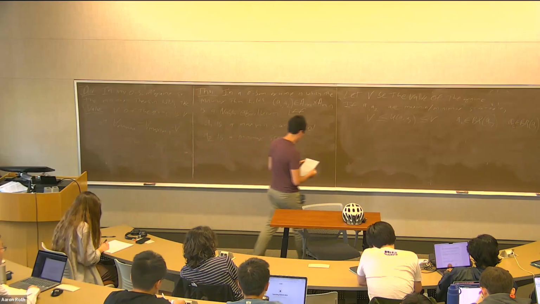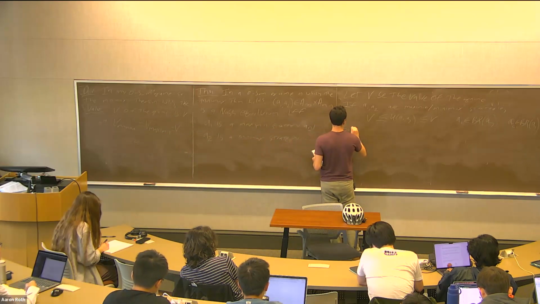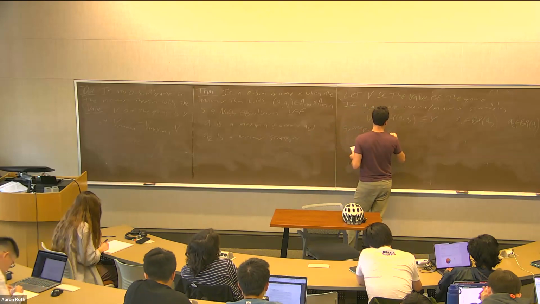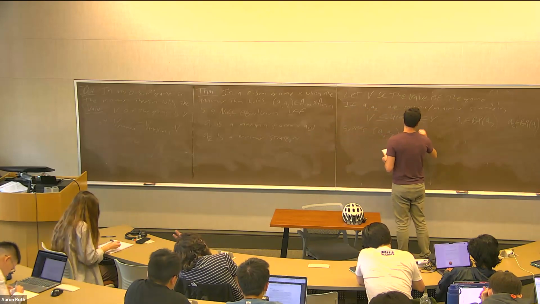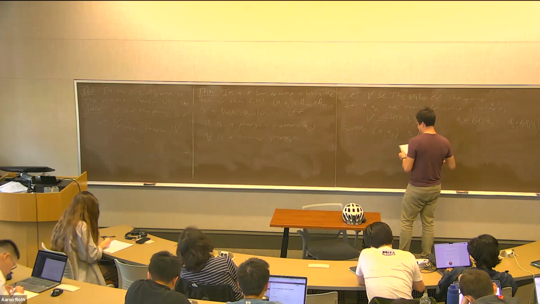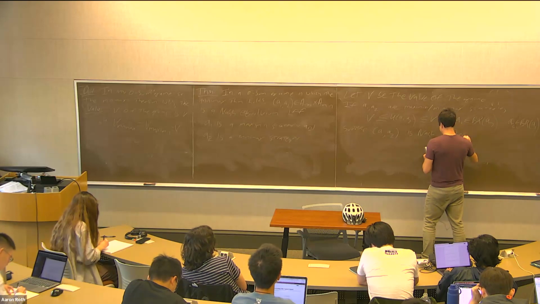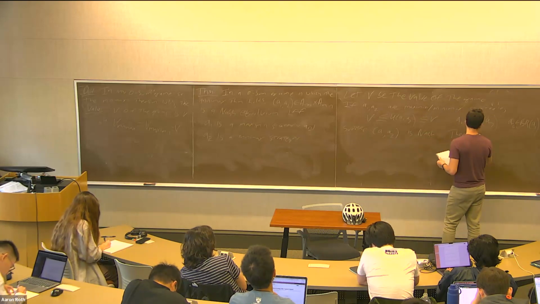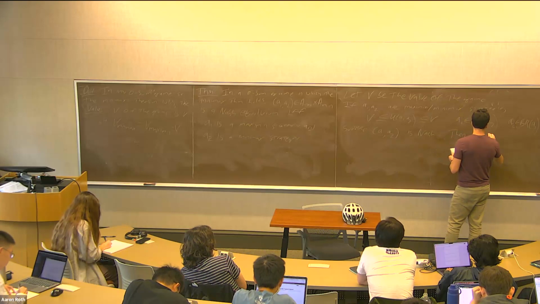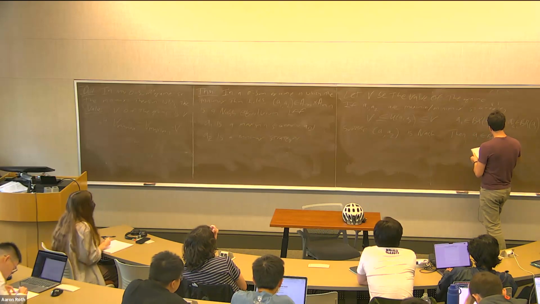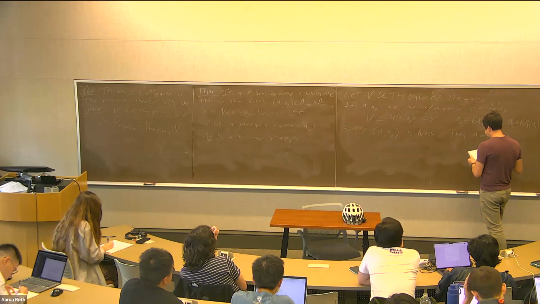How about in the other direction? Well, suppose that A1, A2 is a Nash equilibrium pair. In particular, A1 and A2 are best responses to one another. A1 is a best response to A2.